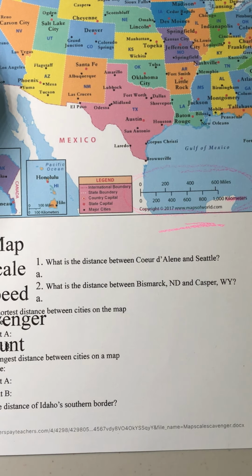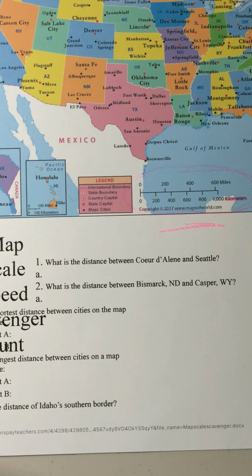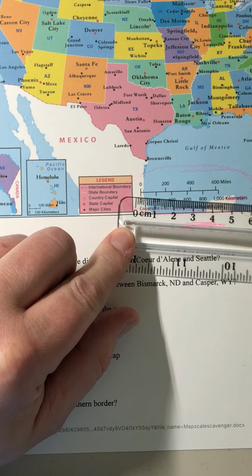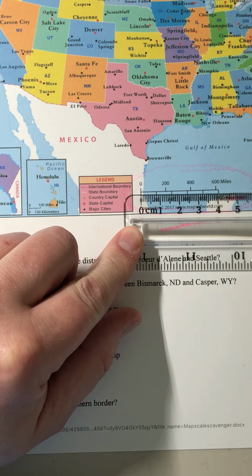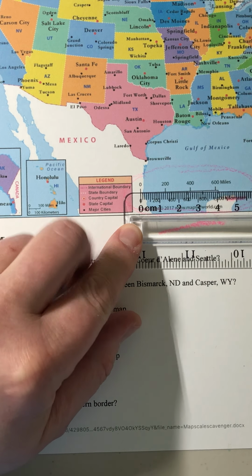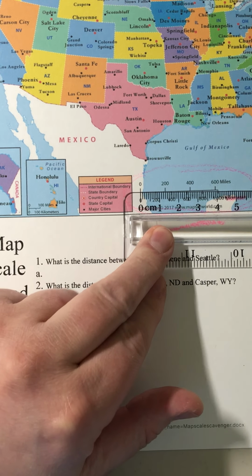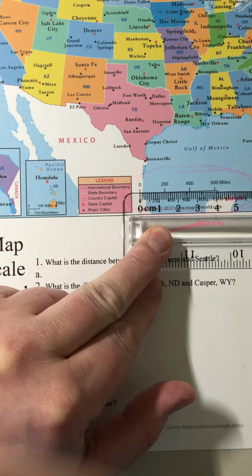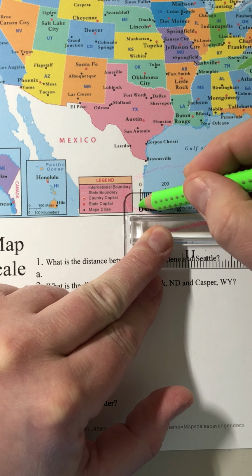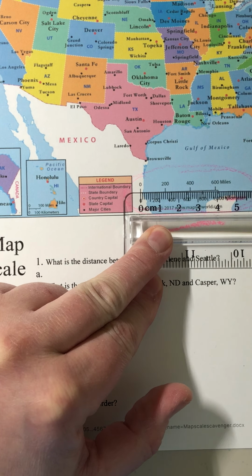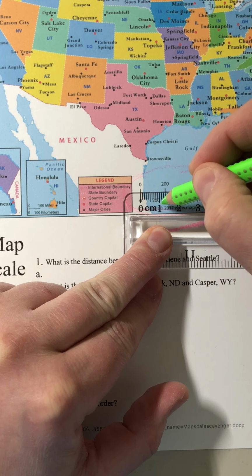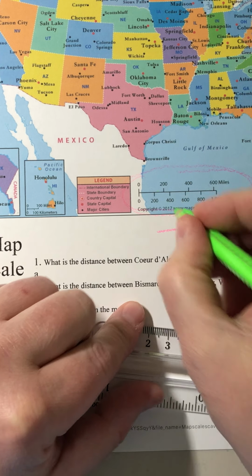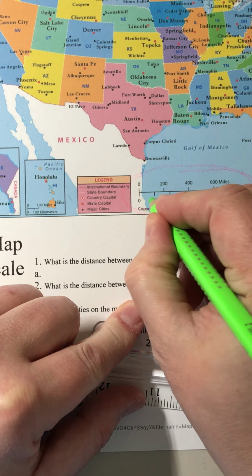Okay, so you'll need to have a ruler. And I'm just going to put the ruler down right on the 0. Here's the 0 and the 0 on my ruler. And if I look here, this is 1 centimeter and it lines up with 200.